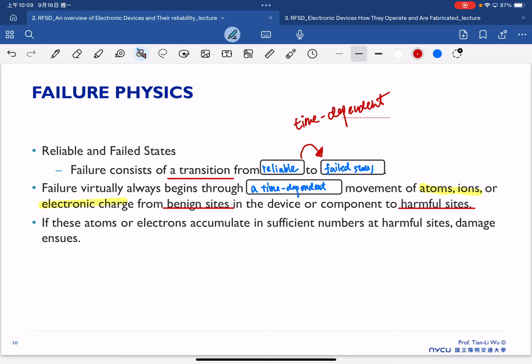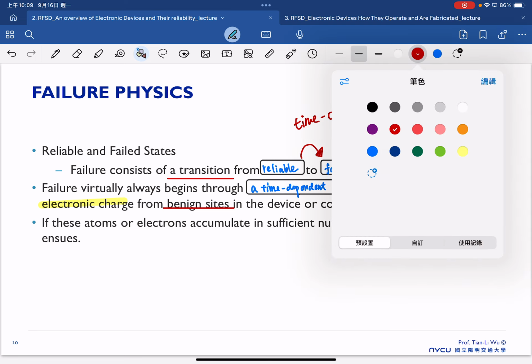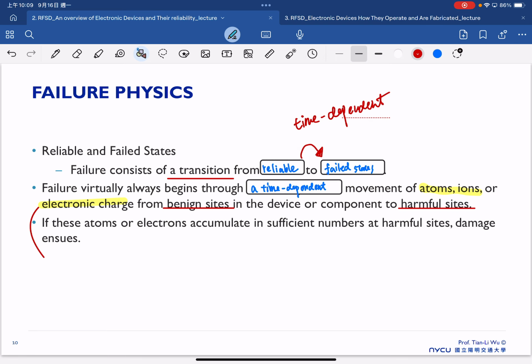For example, it can be atom movement, ion movement, or electronic charge movement from the benign side to the harmful side, because once these electronic charges move to the harmful side, they can start to influence our electrical characteristics. And this electronic charge mainly causes the issue that we usually consider as trapping.